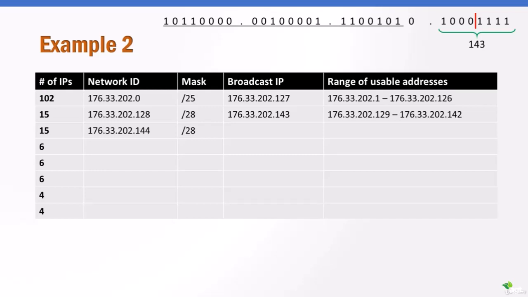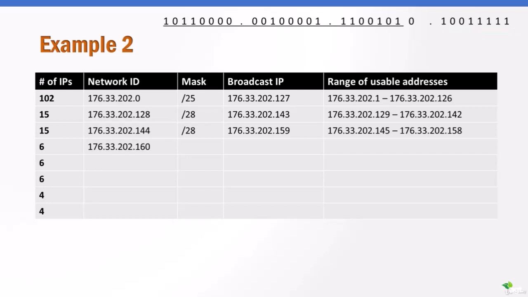Our next network ID is 176.33.202.144, and the mask remains the same. This is what that looks like in binary format. And then when we switch the host bits into ones, we get the broadcast IP 176.33.202.159. Range of usable IP addresses goes from 145 to 158.